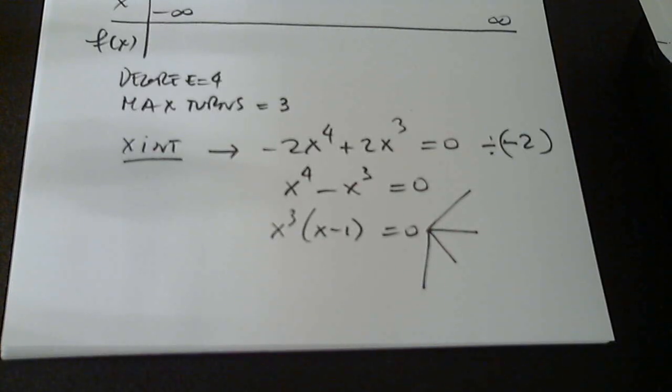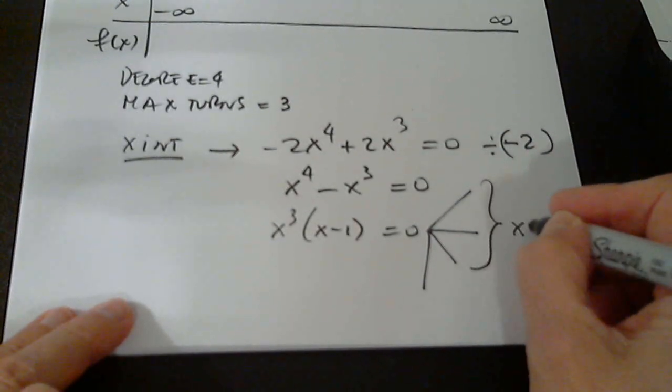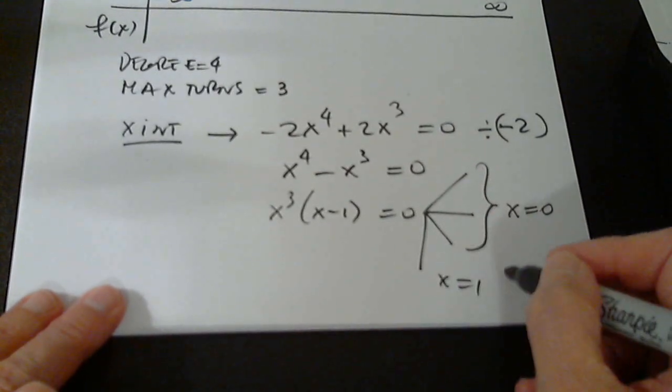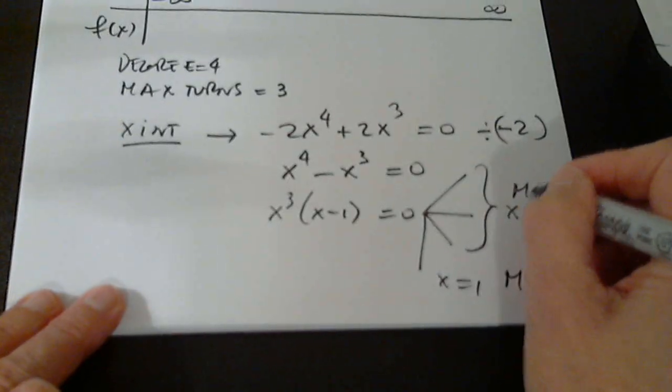Four solutions because the degree is 4. Anyone? 0, 0, 0, and 1. Indeed. 3 zeros are 0 and x equals 1. Multiplicity 1, multiplicity 3.